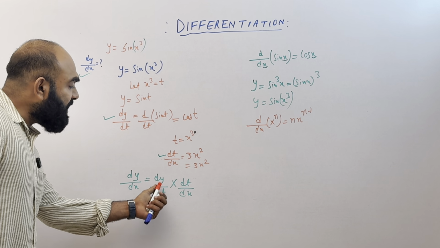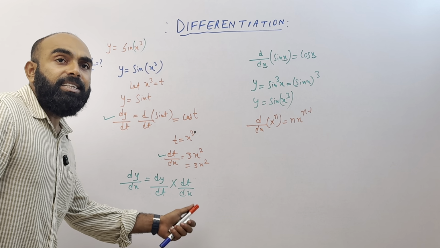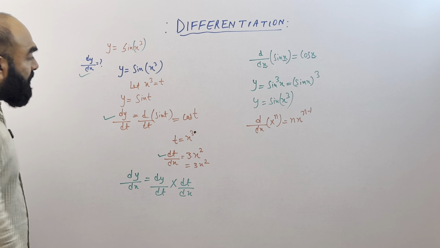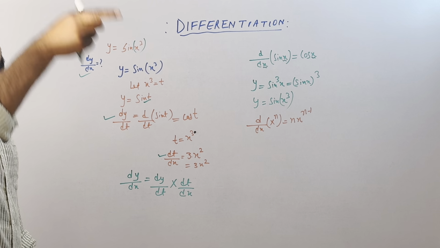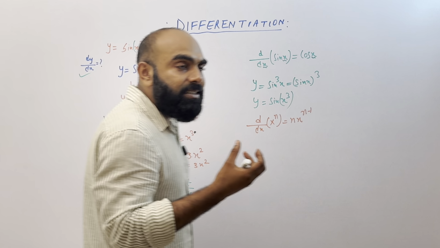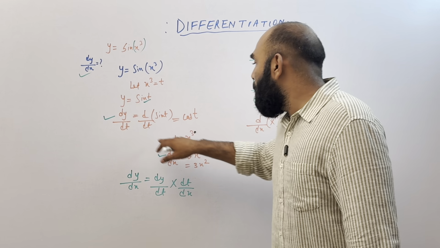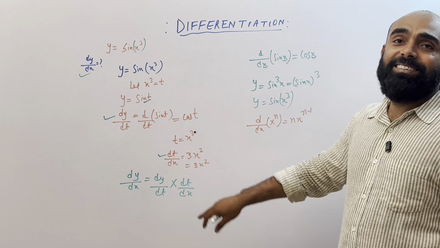First I have differentiated this y with respect to dt, and then differentiated the t with respect to dx. Because this function became a function of t, I have to first differentiate the sin t with respect to dt. Since we are interested in finding dy by dx, first I differentiate the y function with respect to t, and then the t with respect to x.